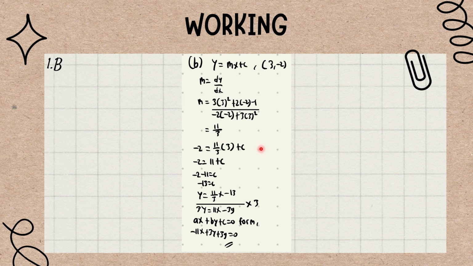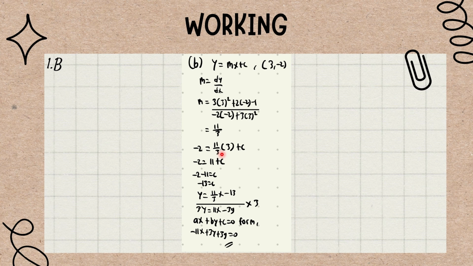So we go back to the basic form, y equals mx plus c, and then we substitute x and y with the coordinates that we got from the question. So y is negative 2, so negative 2 equals the gradient we got from the previous result, 11 over 3, times 3, which is the x coordinate, plus c.